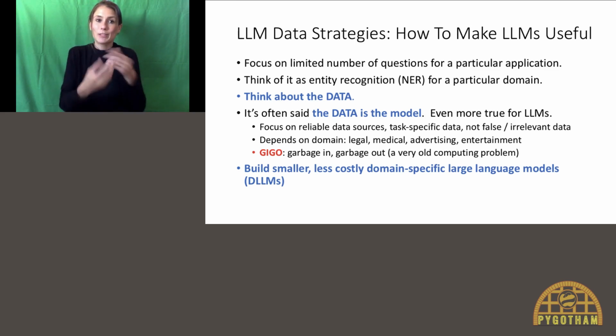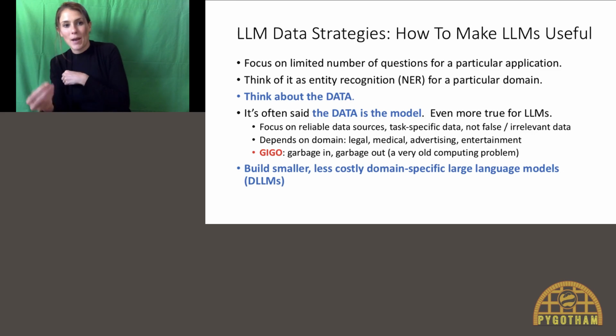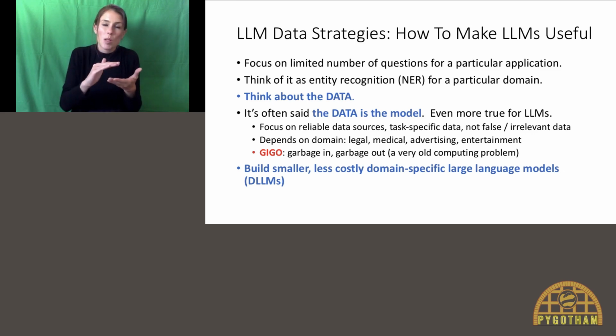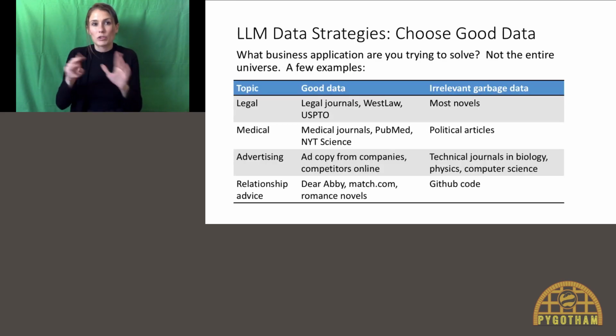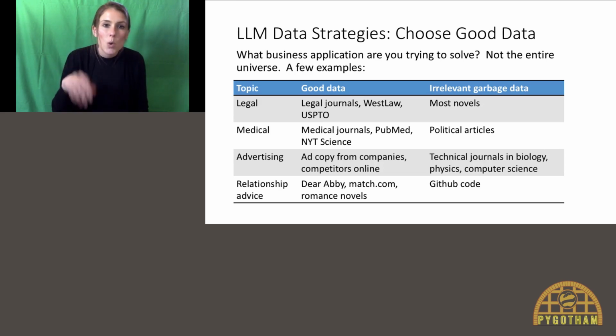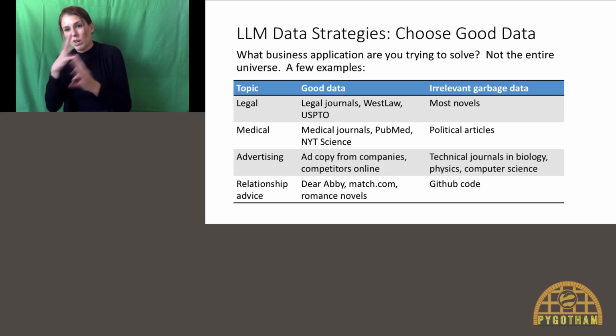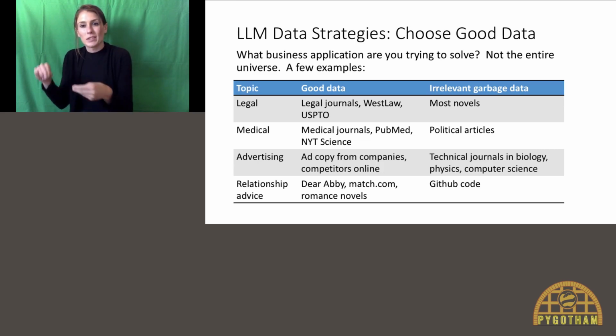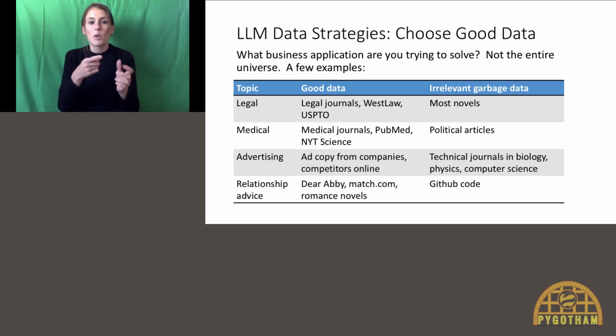So you might want to focus on building smaller, less costly, domain-specific large language models. For example, for legal topics, you'd want to use legal journals, the online database Westlaw, United States patents. You probably would want to ignore most novels because most of them are not about legal cases, and the sentence structure probably is quite different between legal documents and novels. For medical topics, you'd want to use medical journals, reliable articles.